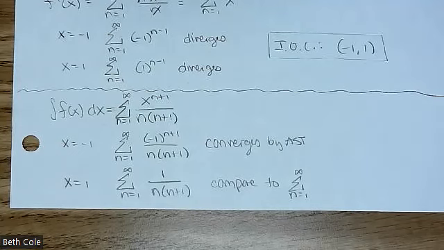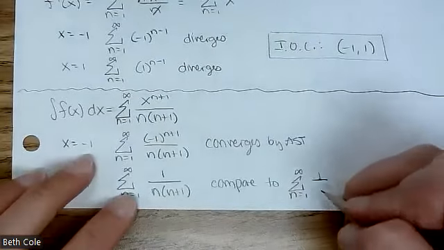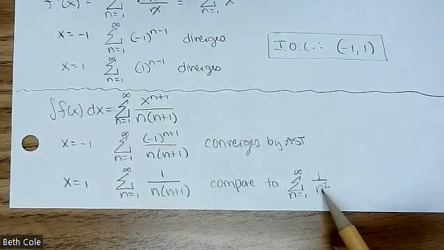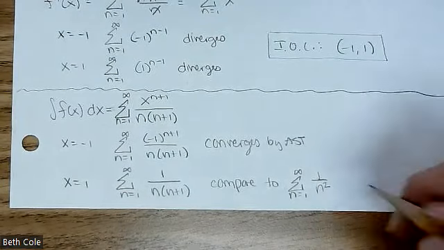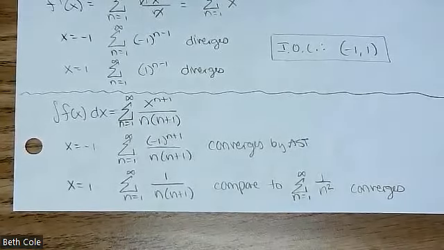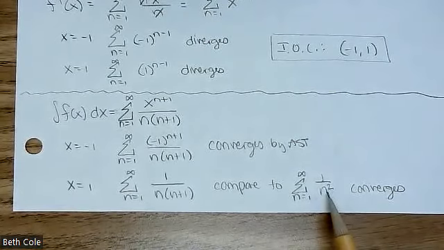What could you compare it to? You could compare it to 1 over what? Good. And why does that converge? P is greater than 1. So converges by comparison. And you would have to write a whole bunch more things, but the point is it converges. Or you could say because P equals 2, which is greater than 1.